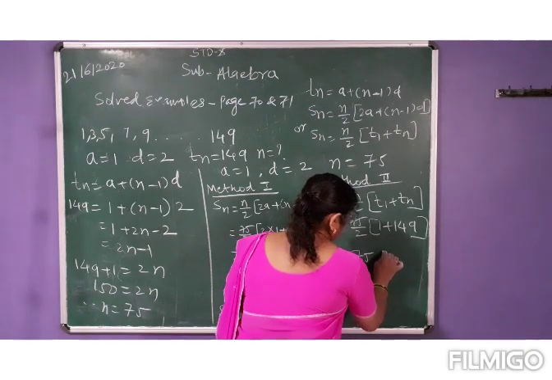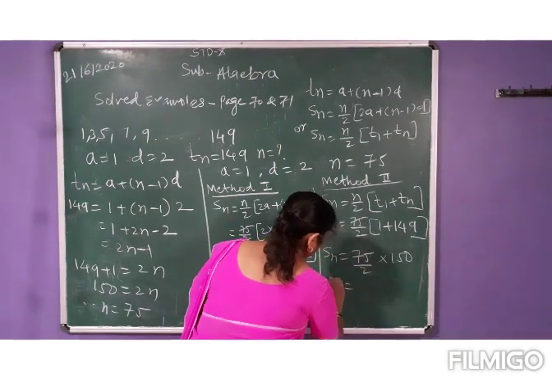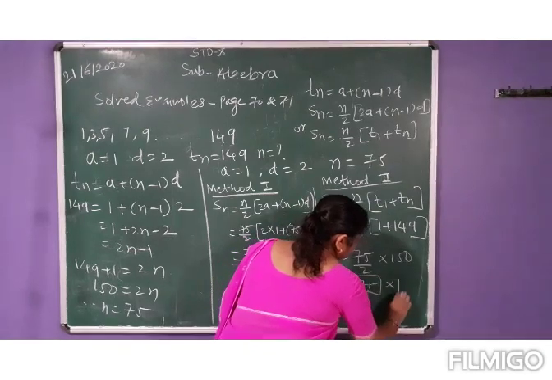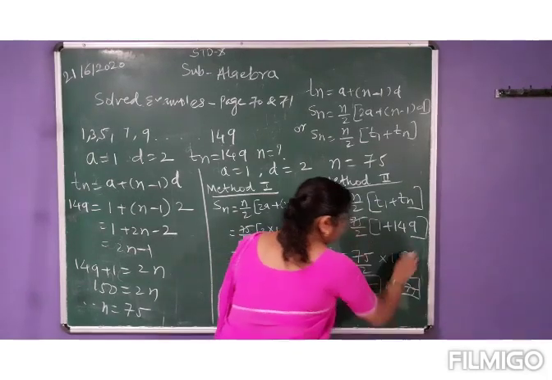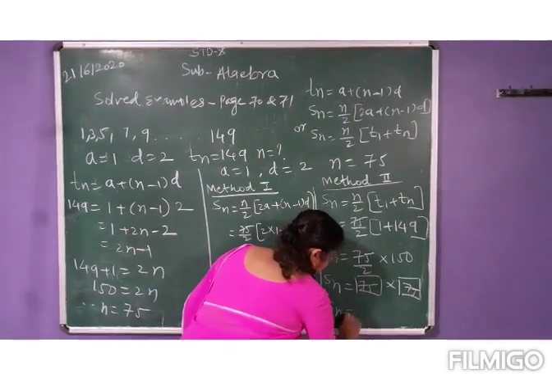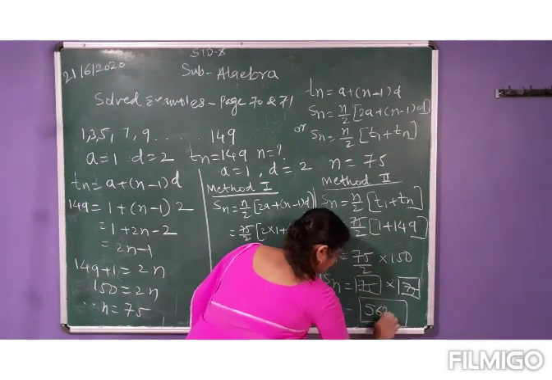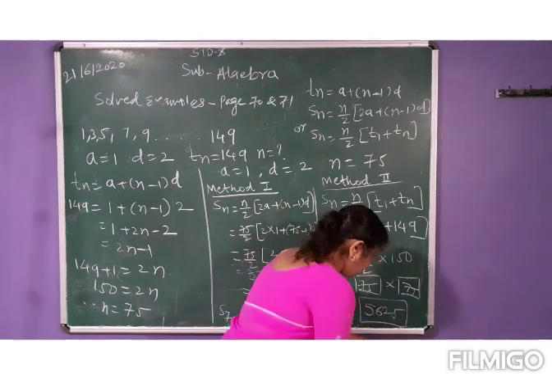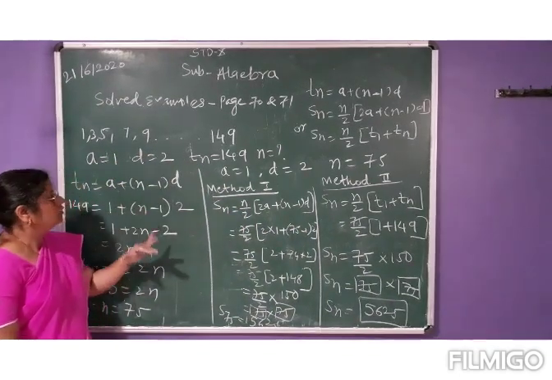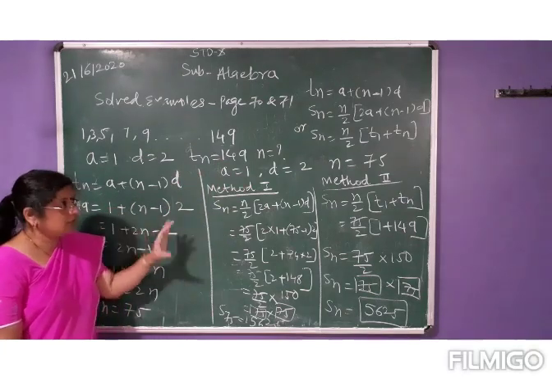Now this you will get as 75 upon 2 into 150, but in the box what you need to write is 75 into 75. Why? Because 150 divided by 2 is 75. So your answer is 5625.